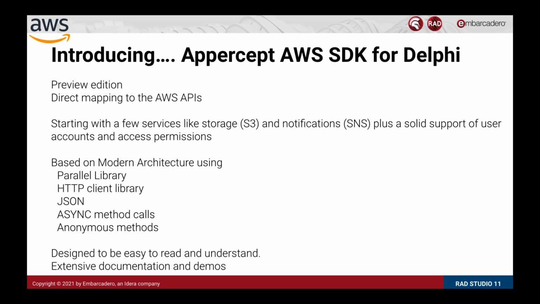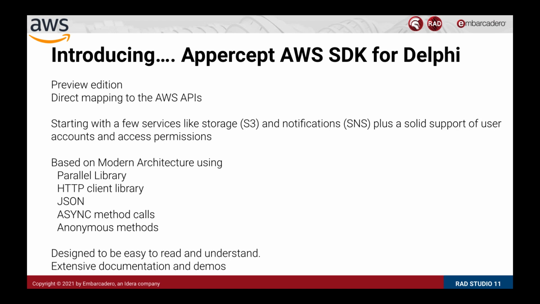Now, what's really nice about the library is it's built based on modern architecture. It's using parallel libraries and the HTTP client library to ensure that HTTPS is fully managed. It's using the APIs with JSON communication.